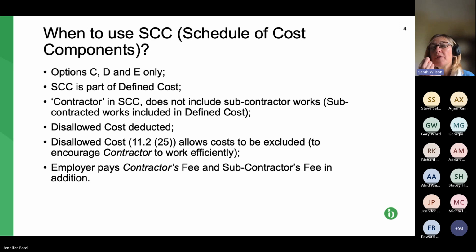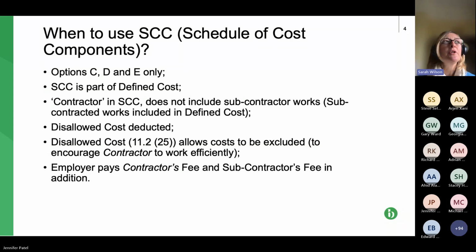Bear in mind that you have the defined cost, but the paying party can deduct what's called disallowed cost. So the disallowed cost is defined in the core clauses at 11.225. Now, essentially, there are lots of items of disallowed cost, but they're basically items to allow the paying party to exclude monies where the contractor hasn't worked efficiently.